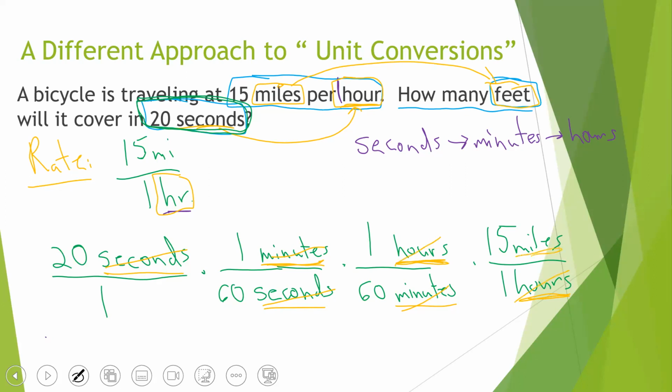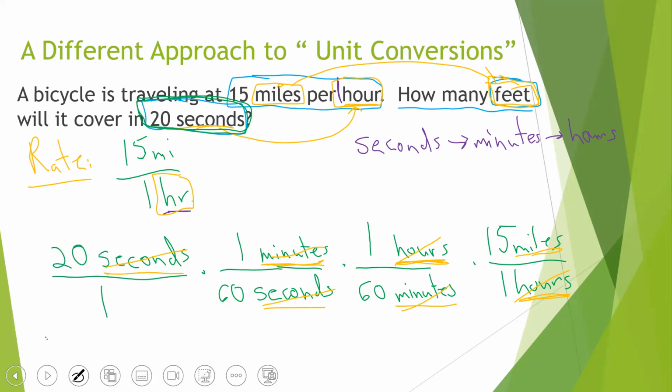And now we're into units of miles, which is good because the answer we're looking for here is in terms of feet, which is a unit of distance or length. And even though we're not into feet yet, we're on the right track. We're kind of in the right ballpark now.